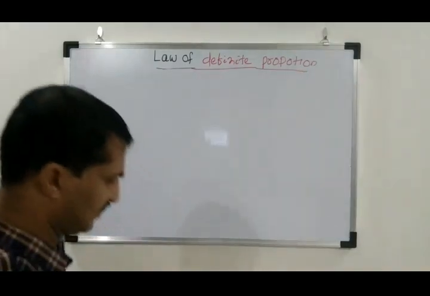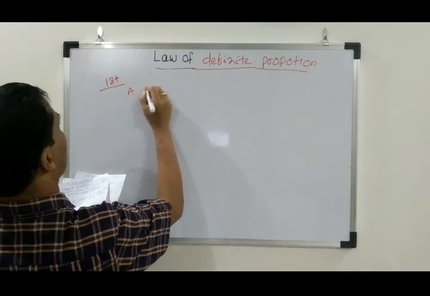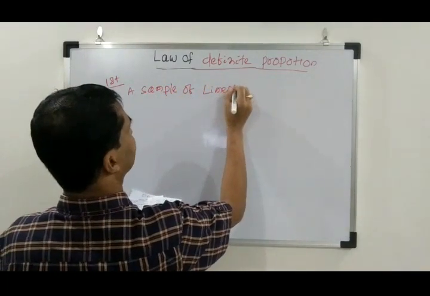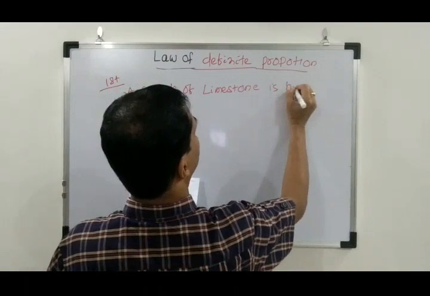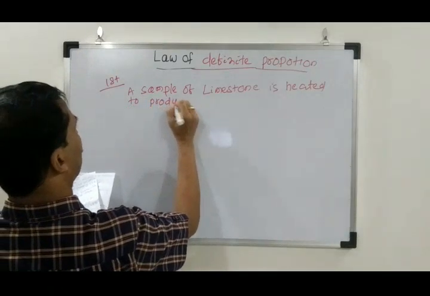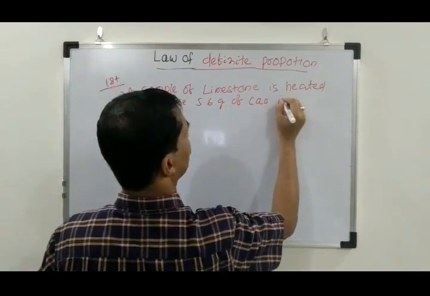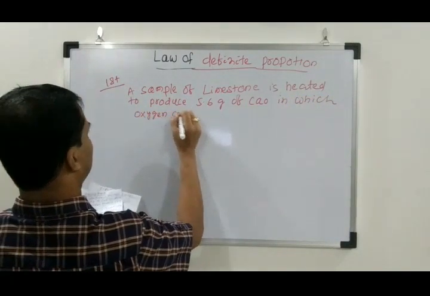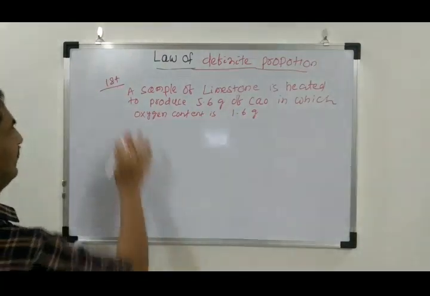The problem says that a sample of limestone is heated to produce 5.6 gram of calcium oxide, in which oxygen content is 1.6 gram. This is one method given.